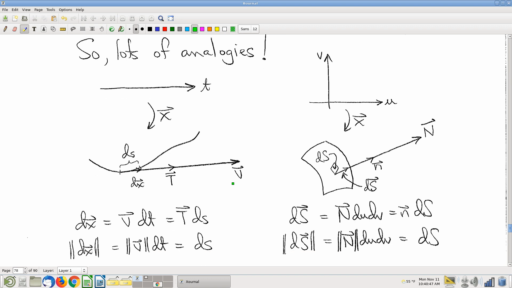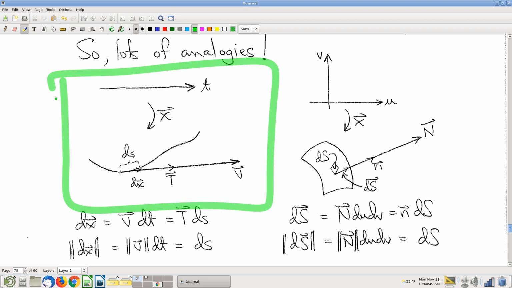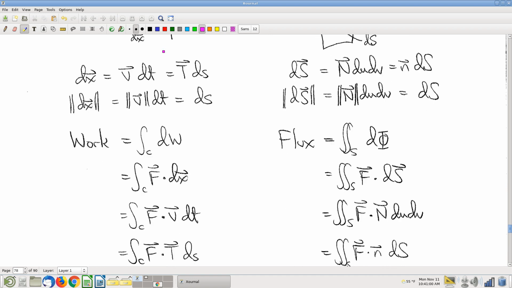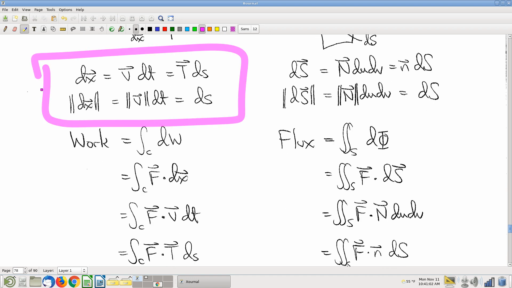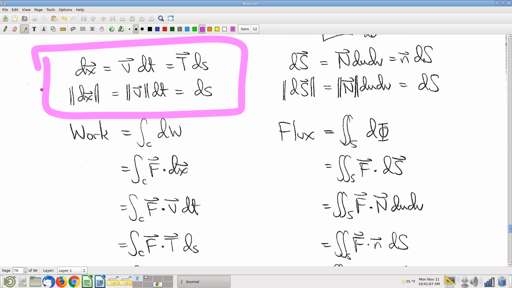First of all, let me do one at a time. Here's our picture of a vector line integral. You see we have our curve, and then that curve has been parameterized. I pull back to a dt integral, and we have all these formulas involving the differential dx. All that's old news. Nothing new here.